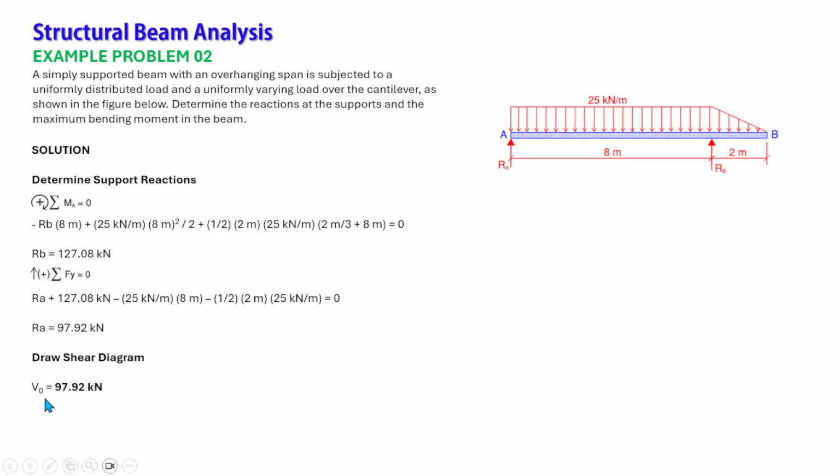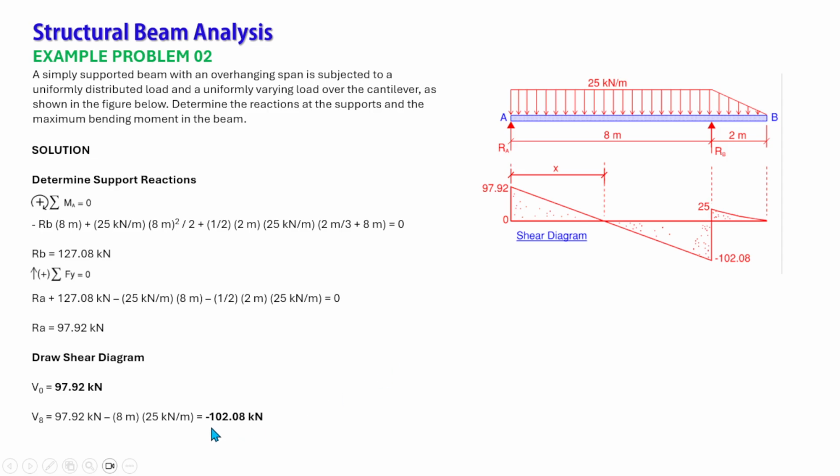So the first shear at the support is equal to 97.92 kilonewton here. Then to calculate the shear at 8 meters away from support A, which is here, that is 97.92 minus 8 times 25 due to the uniform load, that is equal to negative 102.08.